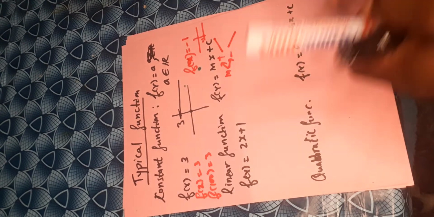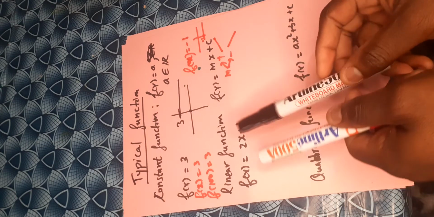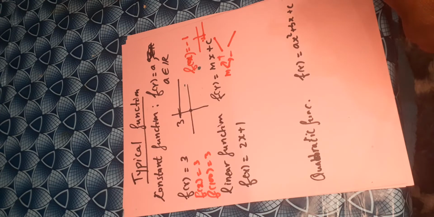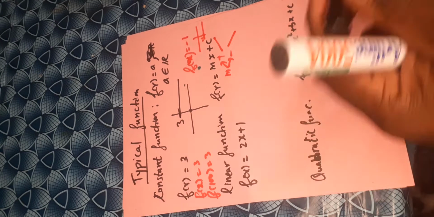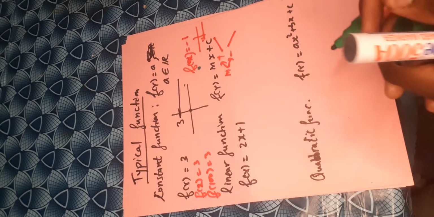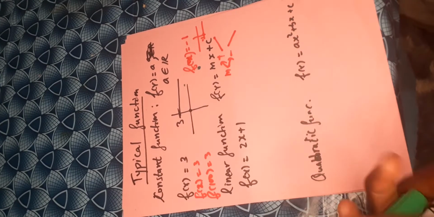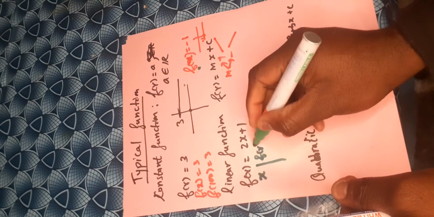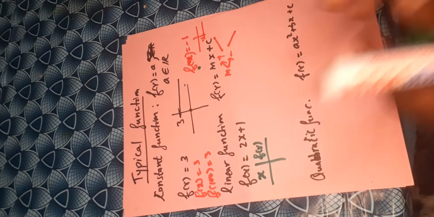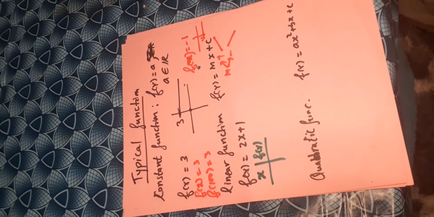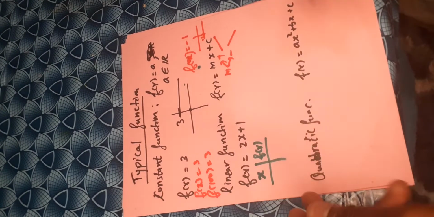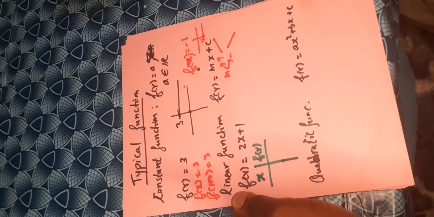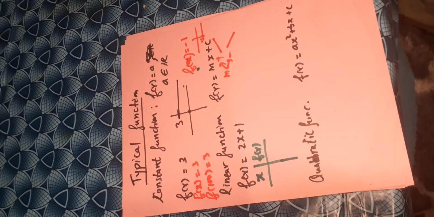So, for example, if you ask me to graph f of x equal to 2x plus 1, there's a little trick you have to do. Draw the table: you write x here and then you write f of x here. Remember, in this function I do not have any restrictions, so I draw it how I want. Let me choose random numbers.